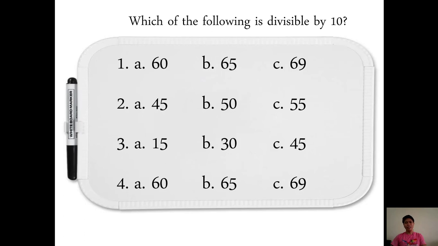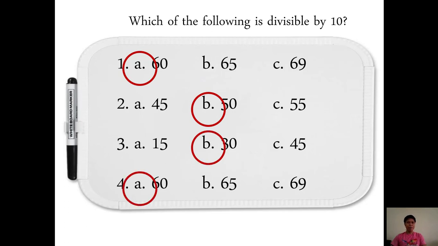Which of the following is divisible by 10? Okay, number 1 is 60, of course. Answer 0. Number 2 is letter B, 50. Number 3 is letter B, 30. And number 4 is letter A, 60.